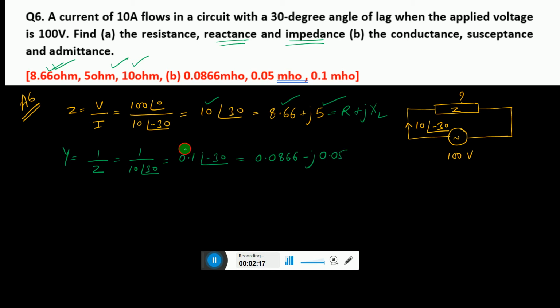So here you have got admittance. Then it is the sum of conductance and susceptance. This is the conductance value and this is the susceptance value. And unit is mho, and for the impedance the unit is ohm. So you solve the first problem here.